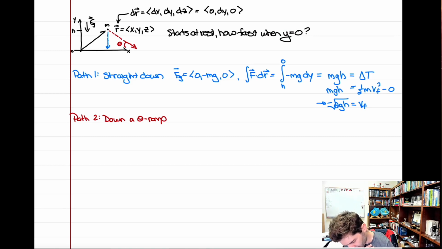So I might want to parameterize the path r in some way that takes me from x naught, comma, h, and then takes me down to the bottom point, where y goes to 0 and x goes, you can figure that out because it's just a pretty simple triangle.